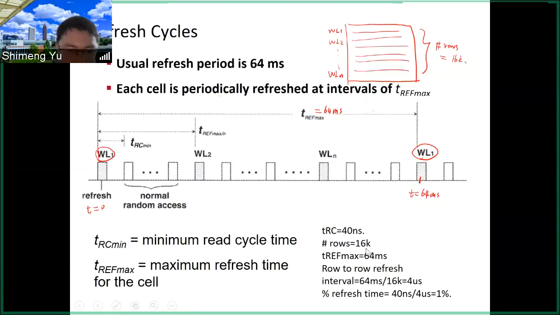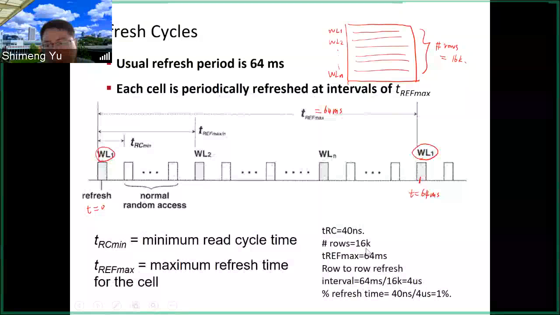So that means here we are looking at t equals 4 microseconds. If you have row 3, then that will be t equals 8 microseconds, and so on, till the end of the array, and then you go back to the first one. That happens every 64 milliseconds.